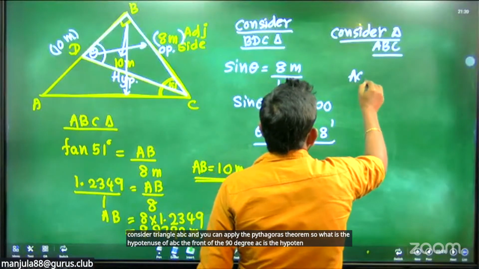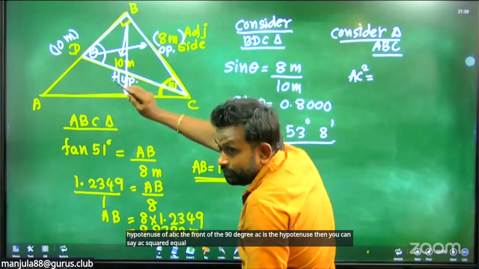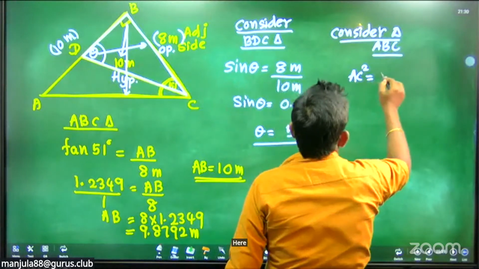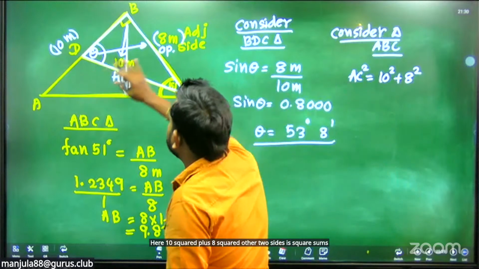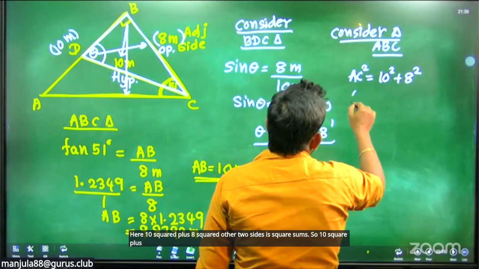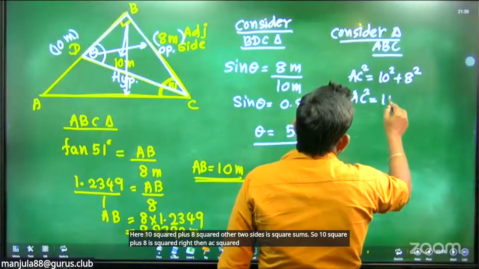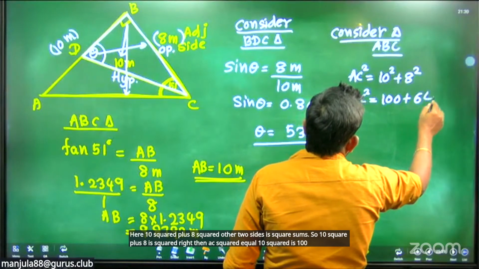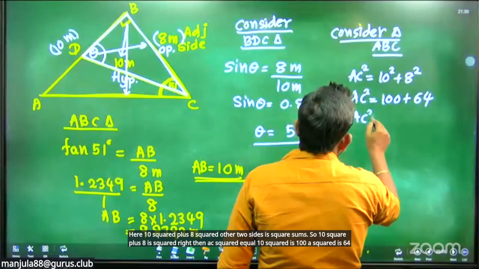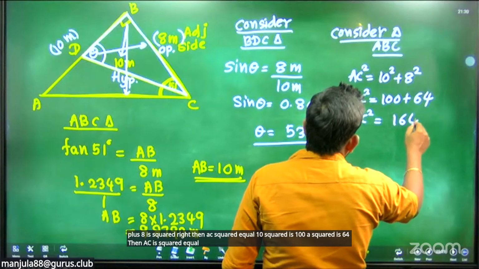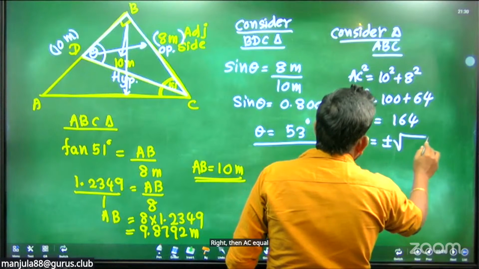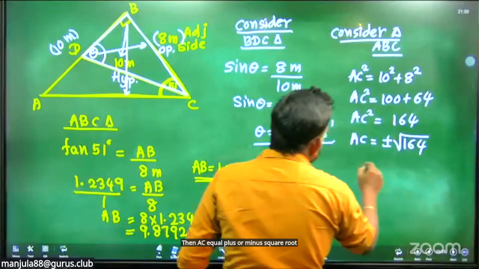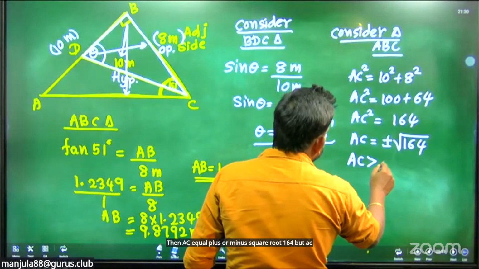Then you can say AC squared equals 10 squared plus 8 squared, the sum of the squares of the other two sides. So AC squared equals 100 plus 64, which is 164. Then AC equals plus or minus the square root of 164, but AC is a length, so AC is greater than 0.